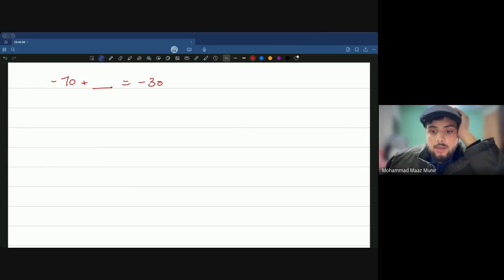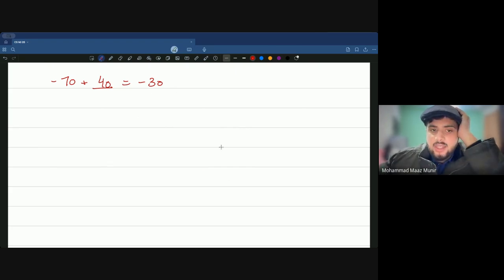I would be adding some positive number, so that when I add it to minus 70, I should be getting minus 30. And that's going to be what? It would be minus 70 plus 40. So if I do a calculation on a calculator where I add 40 into minus 70, I get the answer as minus 30.